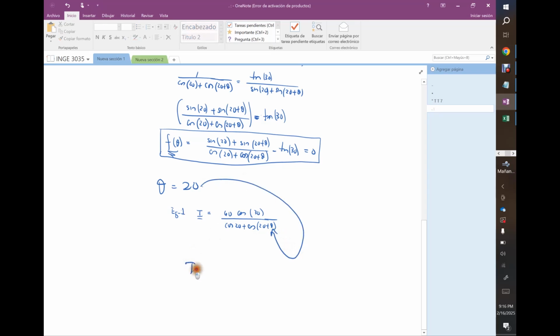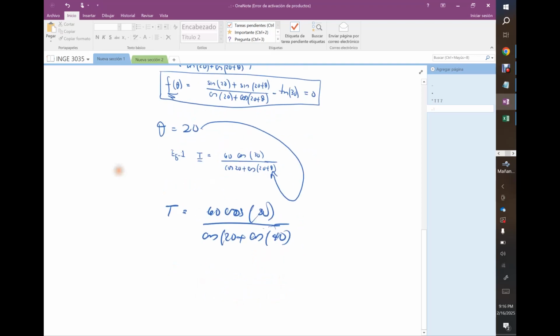So the t is going to be something like this, 60. I need to change the position because that looks very ugly. So t equals 60 times the cosine of 30 divided by cosine of 20 plus cosine of 20 plus 20, that's 40.